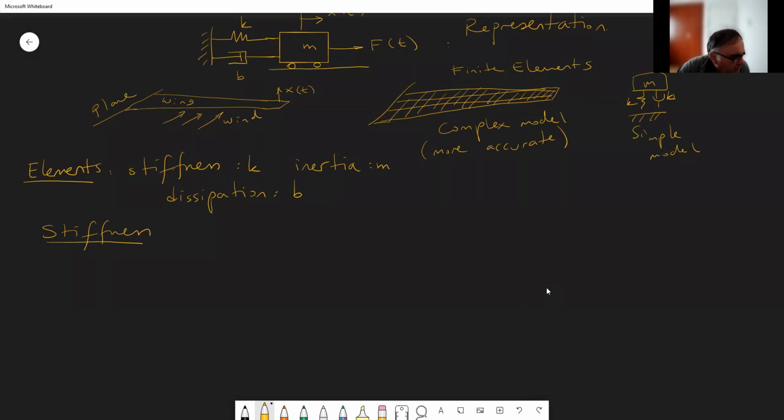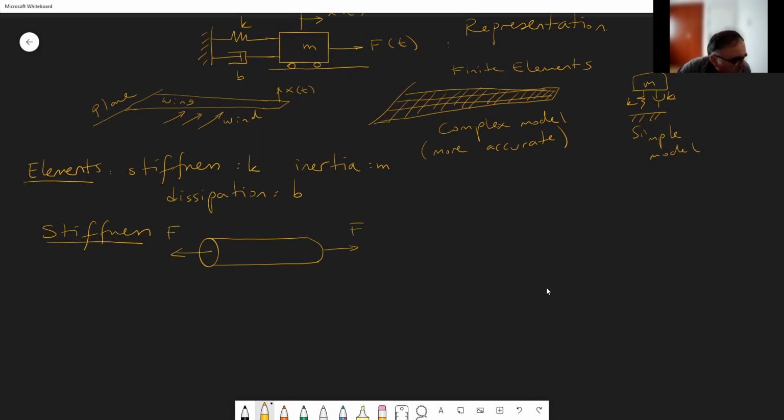For stiffness, for example, let's say that you have a bar, which is pulled by a force. This is basic strength of materials knowledge, as you know.